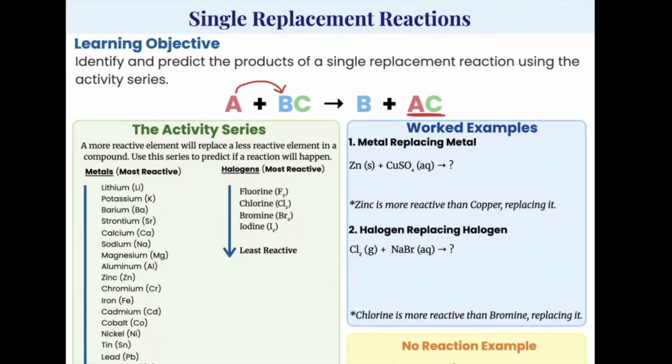In that case, it'll look a little different, but you'll see what I mean. It keeps the general pattern. The big idea here is that A will only replace B if A is more reactive than B. And to figure that out, we have to use the activity series.